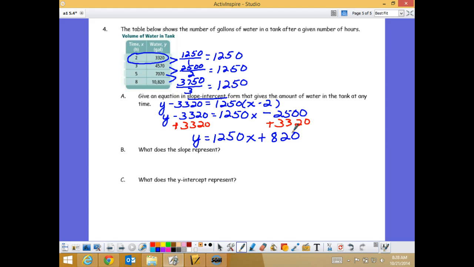So the slope, which is 1,250, means that the tank is filling at a rate of 1,250 gallons per hour.